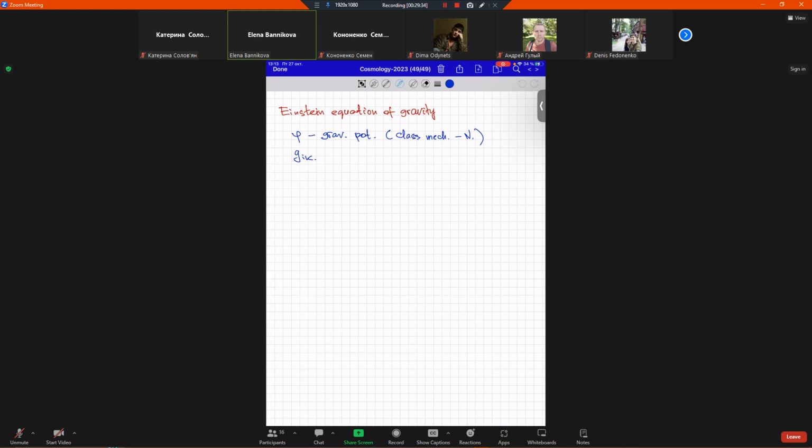So it means that now we are not playing with a gravitational potential. It's only a limiting case. We need to work with a metric tensor.